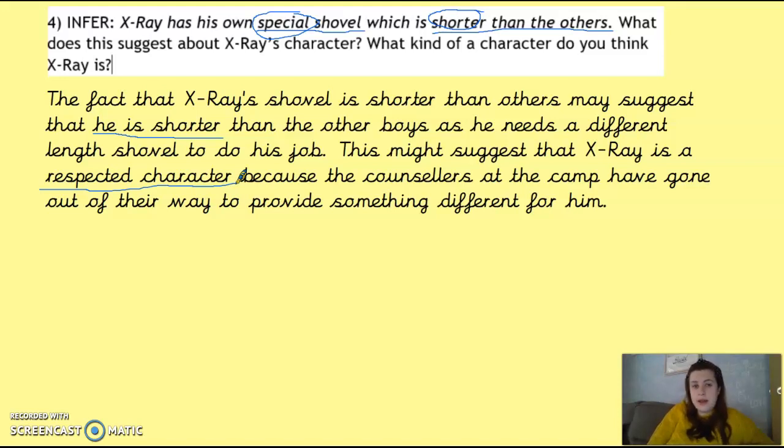If they didn't care about him, if they weren't really bothered, then they just give him a shovel that was far too big for him and sort of tell him to get on with it. Okay, so he has been given something different, and the counsellors have gone out their way to provide that. So that might suggest that he's a special character, or he's well respected or well liked, or that the counsellors want to do something for him.